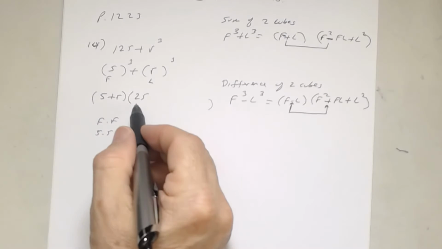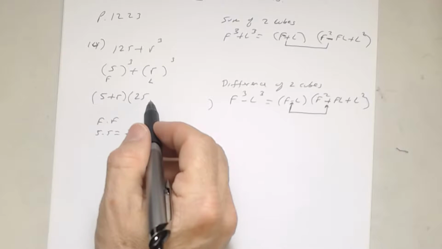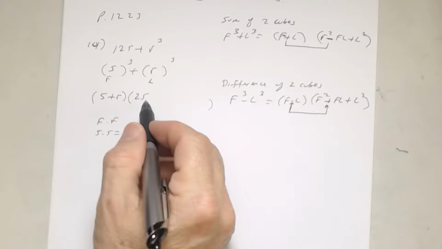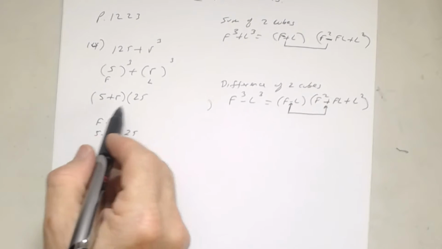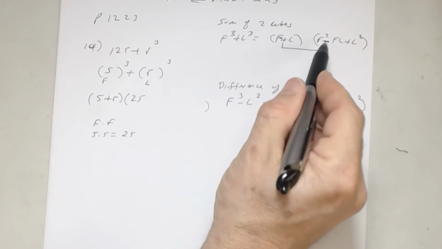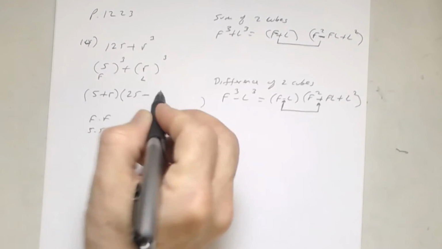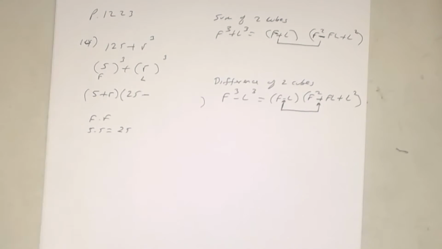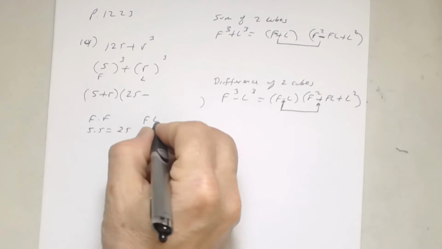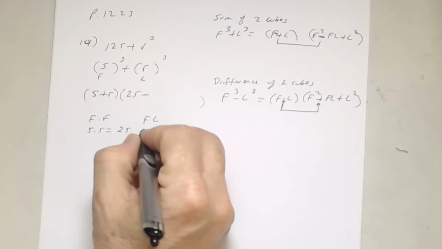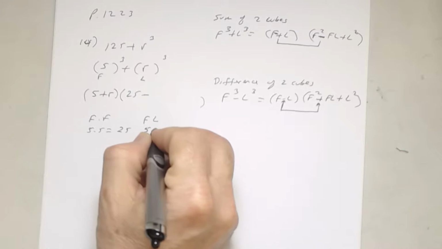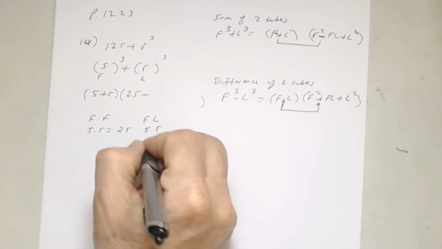Now, is this going to be 25 plus or 25 minus? Not plus, it's minus. Okay, minus. And then the second term is where I take F and multiply by L. What's F in this case? 5. And L is R, so that's 5R, right?